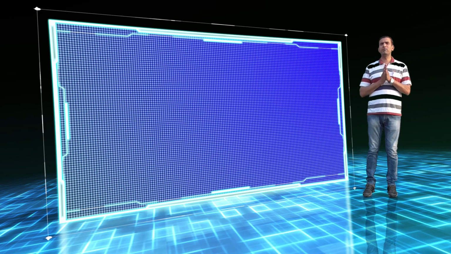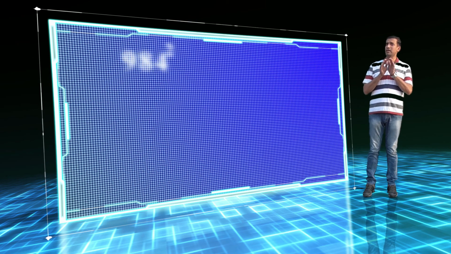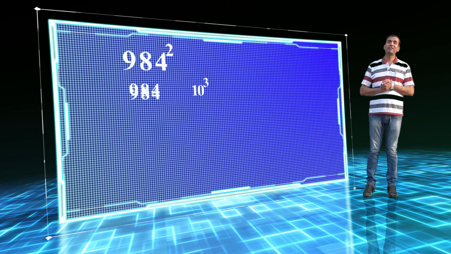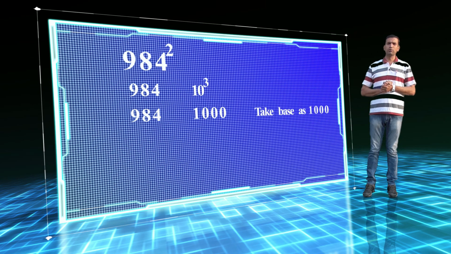Okay, I give you one example where the value is a little bit bigger than this. Let us suppose 984. In this case, we can take the base as 10 to the power 3, meaning 1000, because 1000 is very close to 984. Now 984 less than 1000, the result is minus 16.